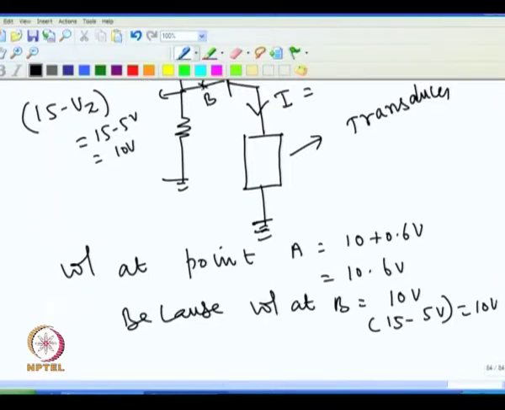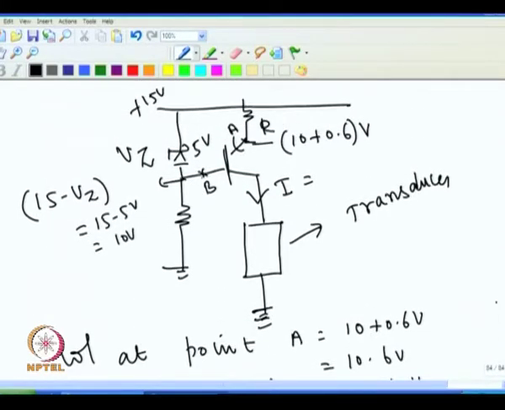So, from this circuit we see the voltage at B is 10 volt and voltage at A is 10.6.